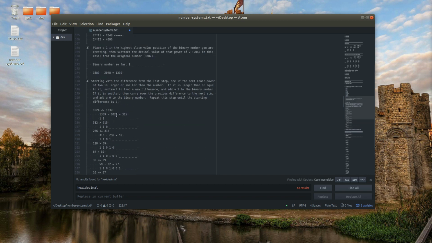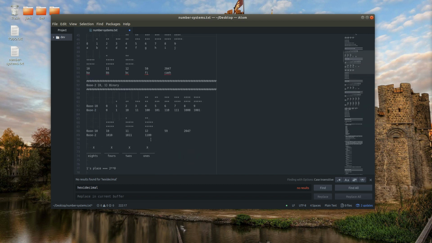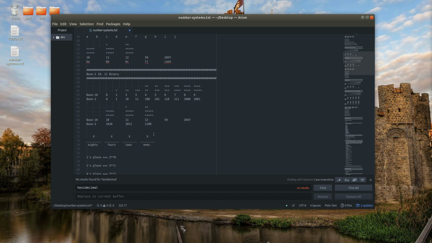So again, here's binary. There's a 1's place, a 2's place, a 4's place, 8's, 16, 32. So if I have a 1 in the 8's place, that means I have 1 8. I'm going to add that to the total.